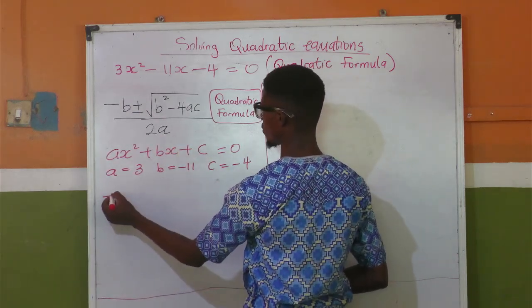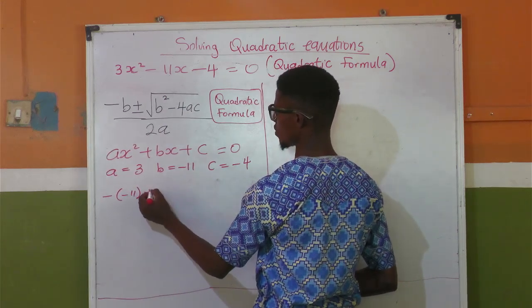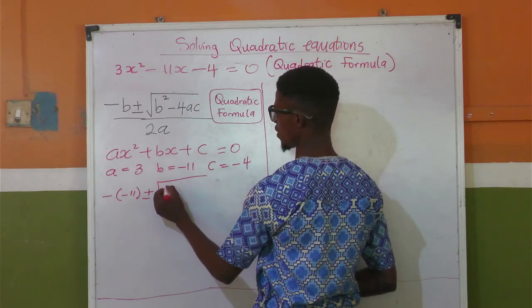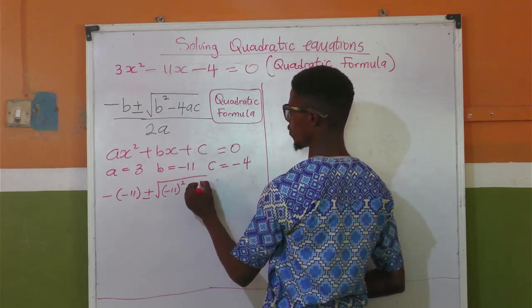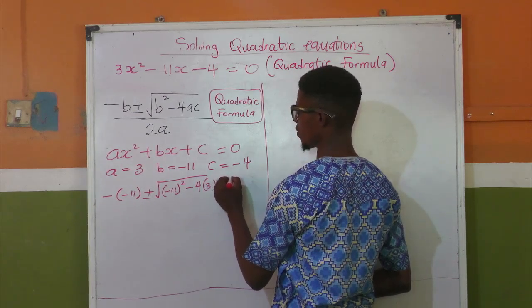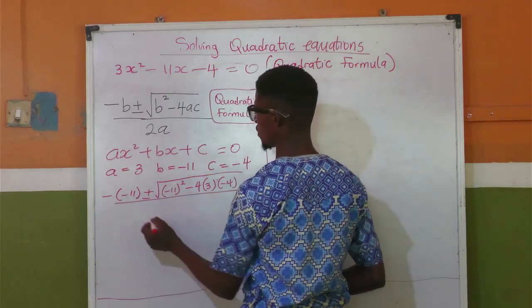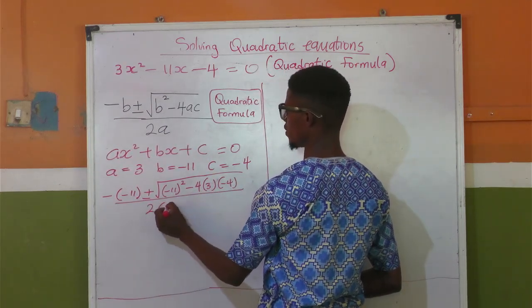We have minus B, which is minus minus 11, plus or minus the square root of b squared. B squared is minus 11, so minus 11 all squared, minus 4 times A, which is 3, and C is minus 4, over 2a. So 2 multiplied by 3.